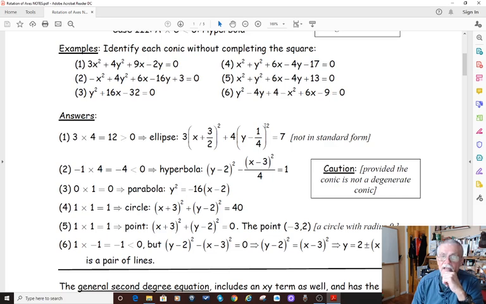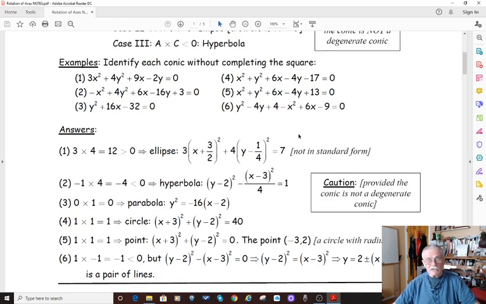I am going to point out number 6. We have a 1y squared and a negative 1x squared. And most of the time this would be a hyperbola. However, there's a special situation going on here, and the only way to really check that is to put it in standard form. And that's why we have all these cautions here. So if you take number 6, you do the testing. A times C is negative, clearly, so you think it's a hyperbola.